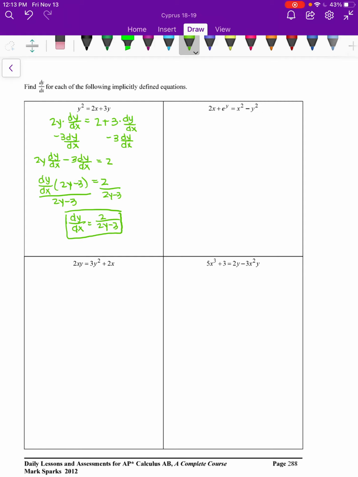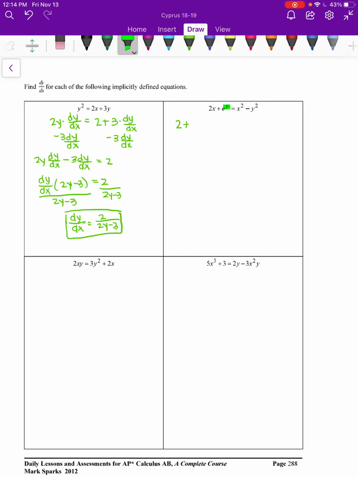Okay. Let's do the next one. So on this next one, take the derivative of both sides. The derivative of 2x is just 2. And then we have e to the y. So we know that the derivative of e to the x is just e to the x. So when we do this one, this y, I'll highlight it here, is still acting as a chain rule.